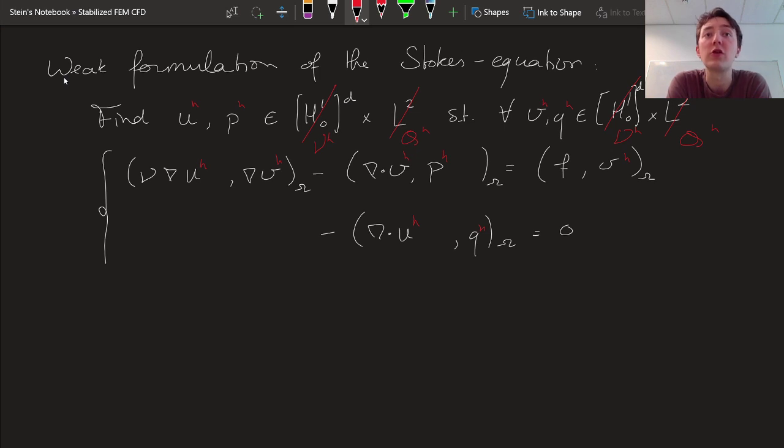So certain combinations of VHs and QHs gave either locking behavior or spurious pressure modes. From the variational multiscale perspective, we now understand that this comes from the fact that we've dropped out all these U primes and P primes. But what we're not going to do is try to fill in those U primes and P primes.